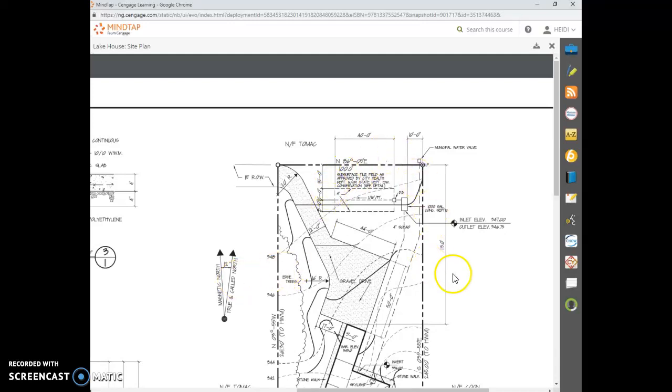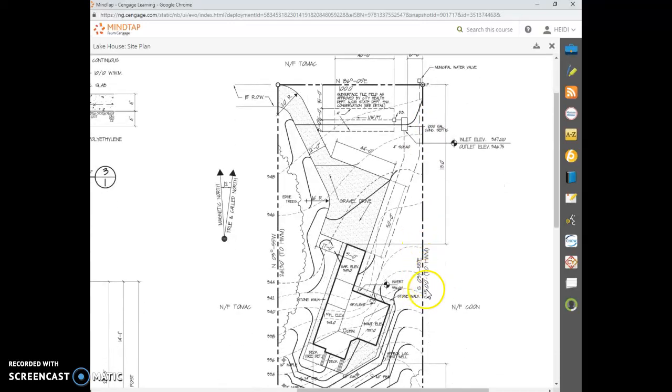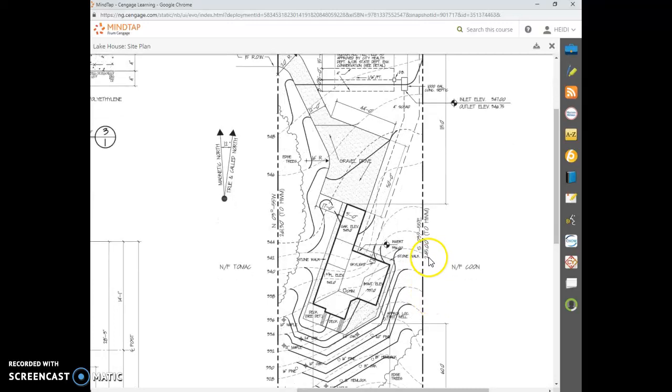East is over here to the right. Again, we look at the property line. Along the property line, we're always going to see the bearing and the length. So the length is 245 feet along the east. And if we move over to the west property line, we see the bearing and then the length underneath, which says 261.3 feet.